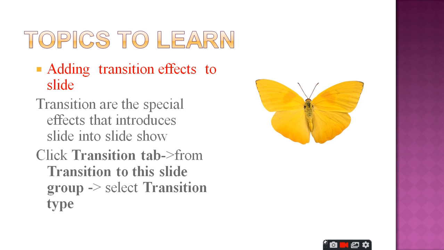This can be achieved by using a shortcut key also. When in slide sorter view, press Control plus mouse click. You will get this group. Then you can select any transition effects.